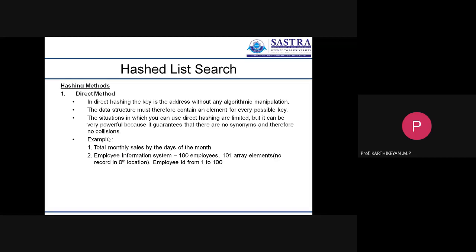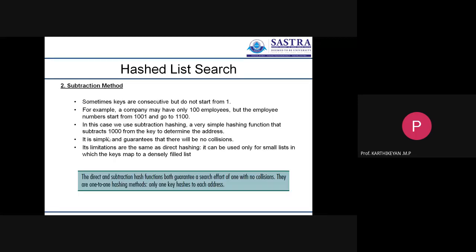What is the second method? The subtraction method. So what is the subtraction method? Normally, if you take an employee ID or ration number, it will not start from 1. It will be prefixed with some large number.